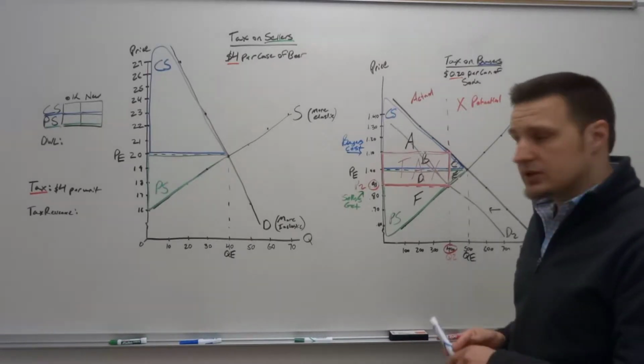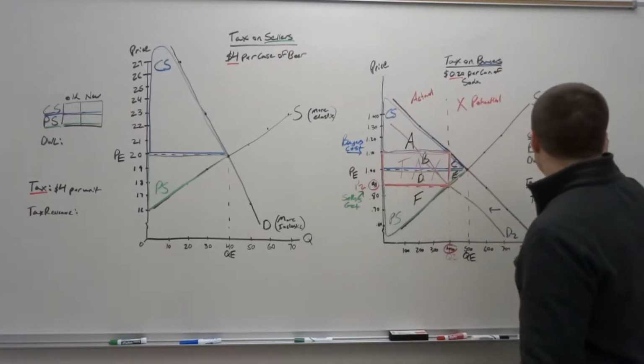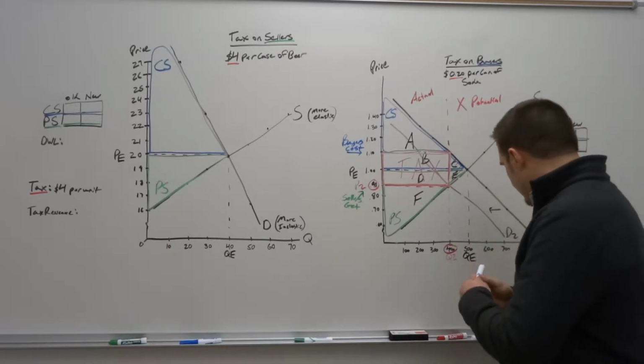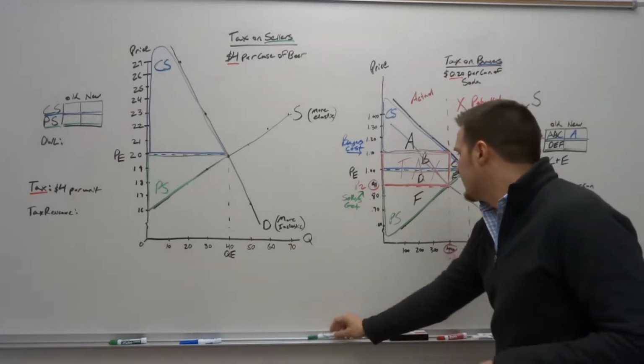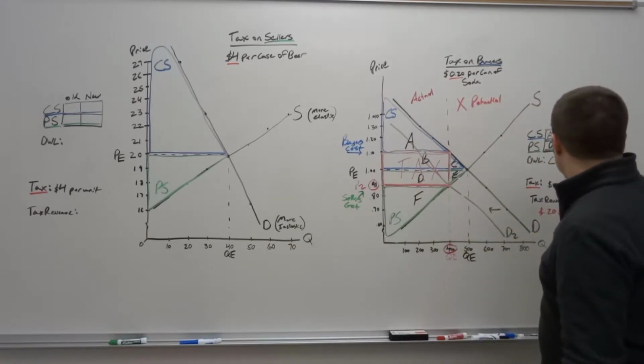All that we have left of the consumer surplus is this area on top, which is area A. For the producer surplus, all that you have left is the area on the bottom, which is area F.